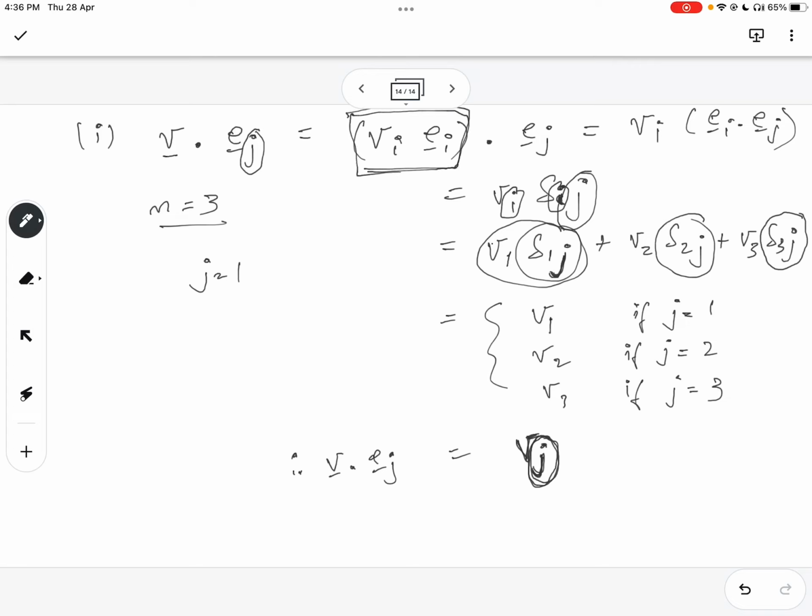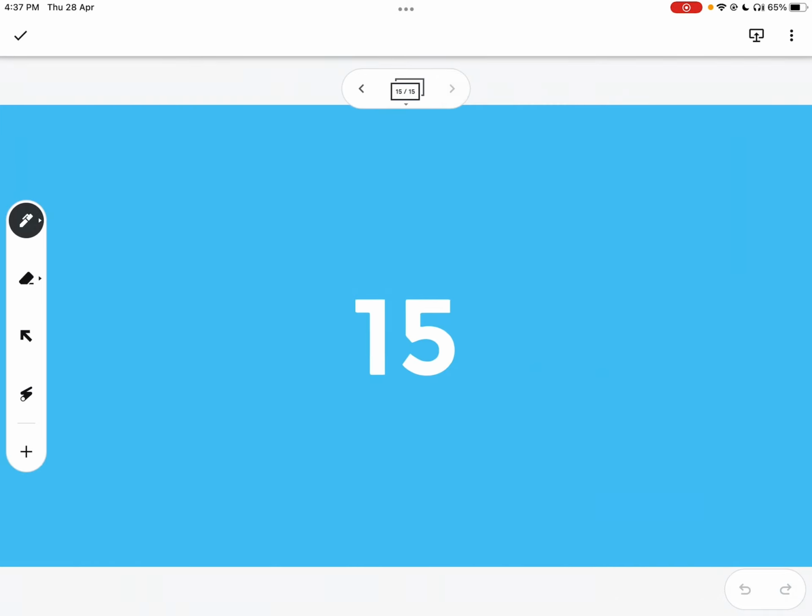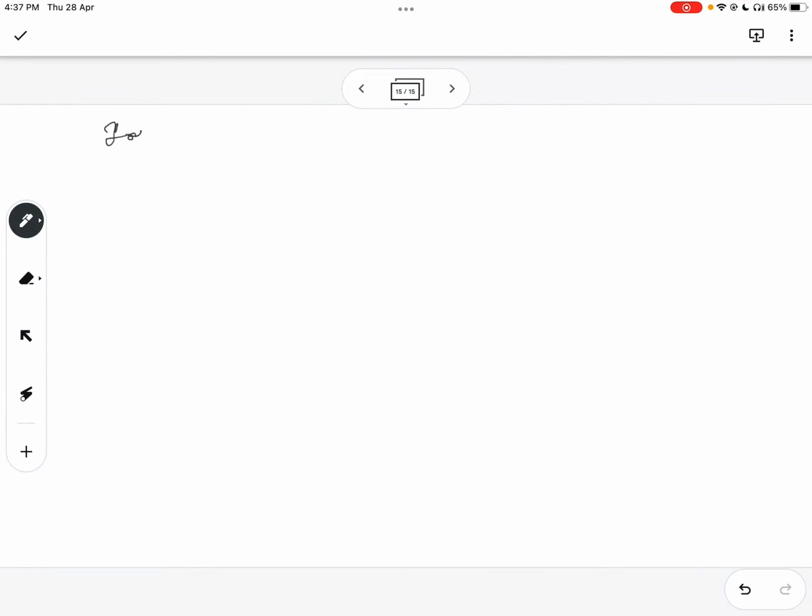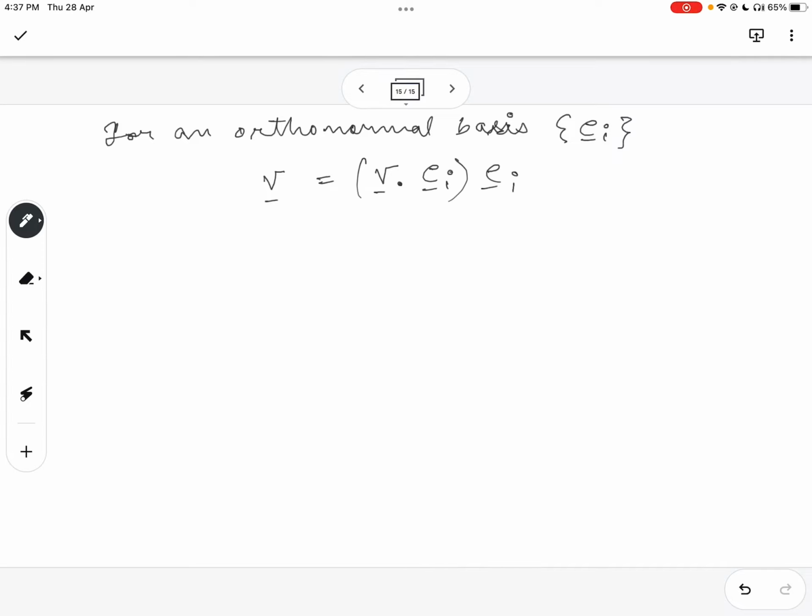That is an important distinction to make using the summation convention. So for an orthonormal basis EI, any vector can be written in terms of the dot product. The components VI are written as V dot EI.